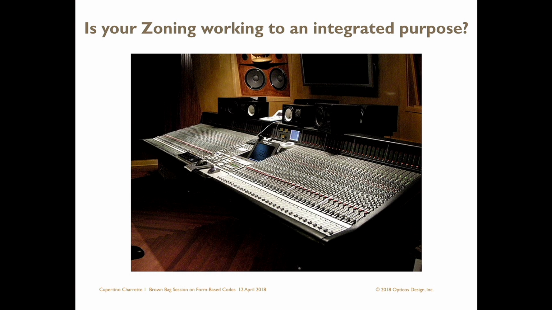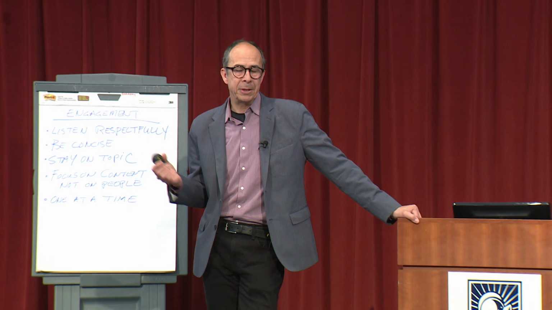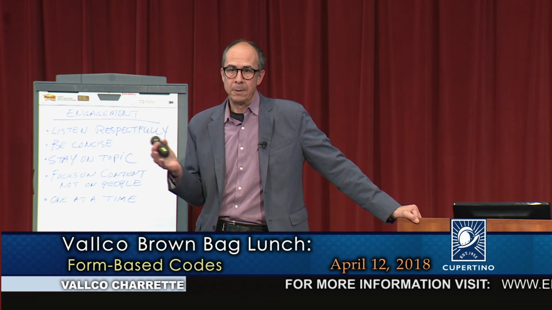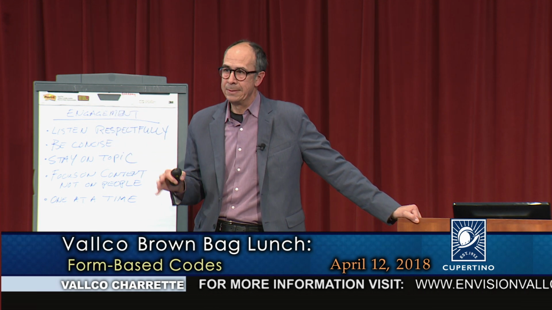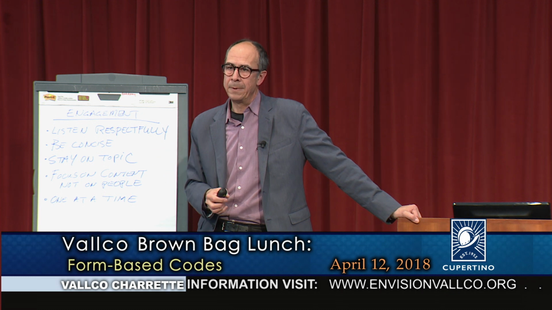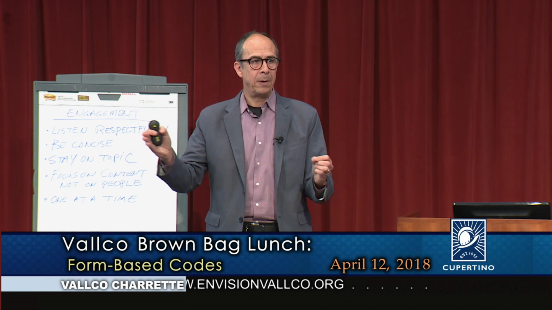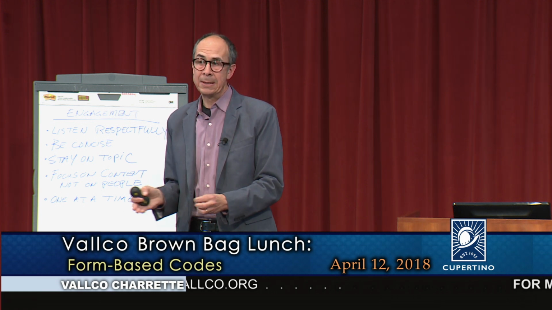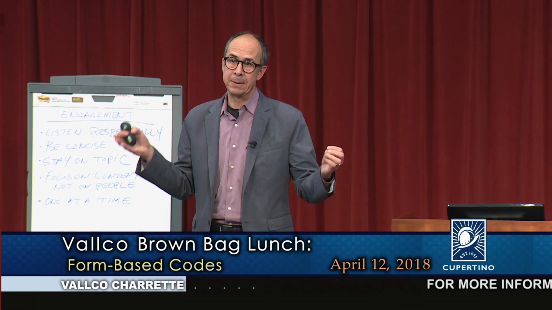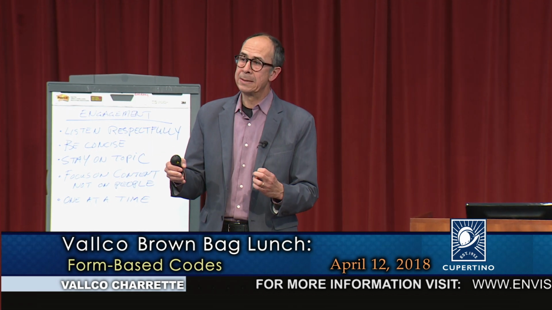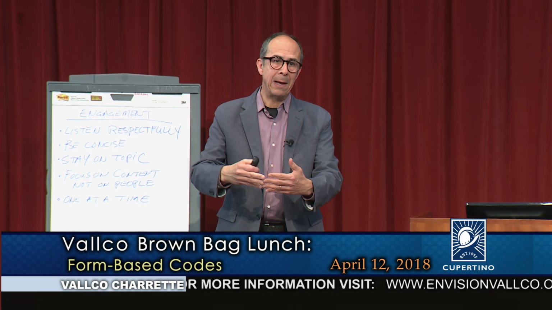If we had more time, I'd ask you what this does, but generally, this piece of equipment, a recording studio engineer's deck, I don't know the technical term for it, coordinates very different elements. Let's say there was an orchestra or a band with vocalists, all these different elements, and it coordinates them for one integrated outcome.